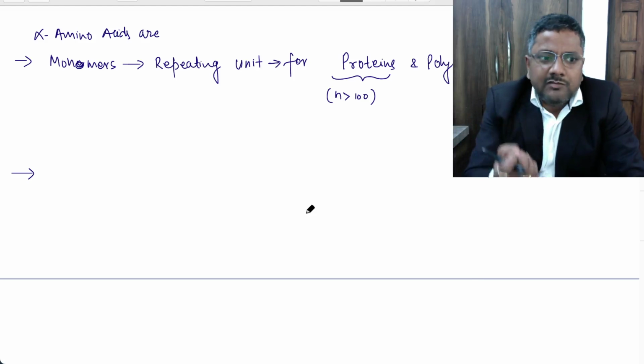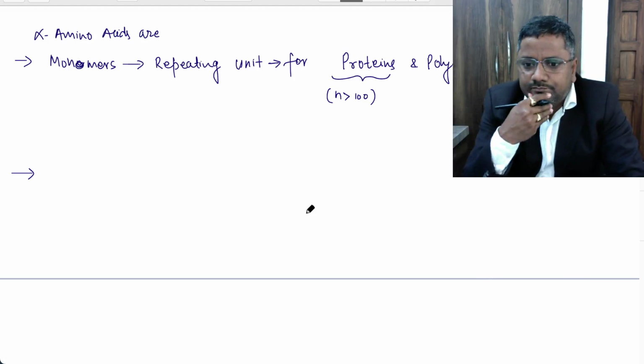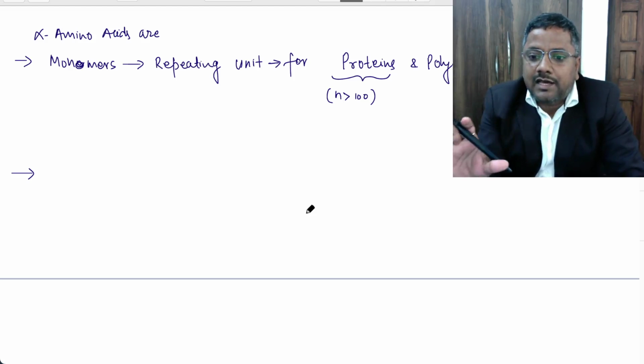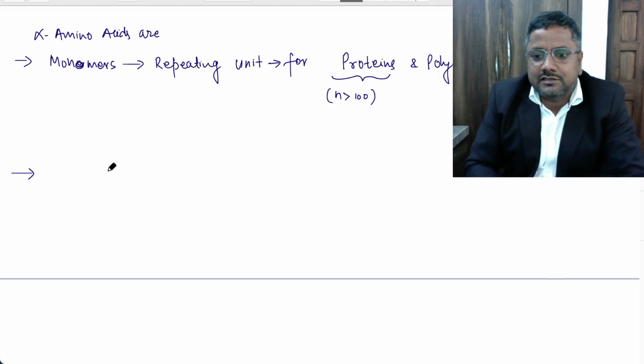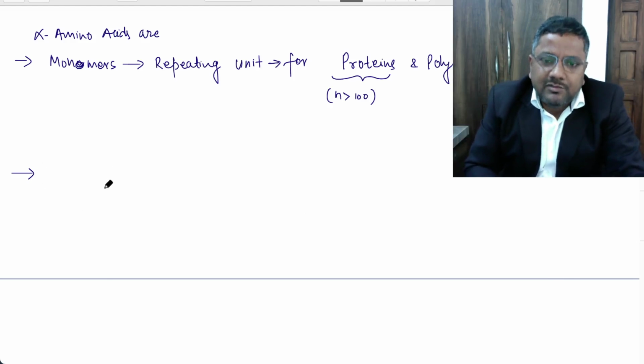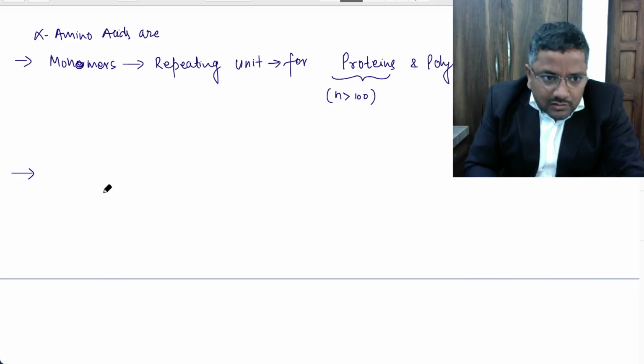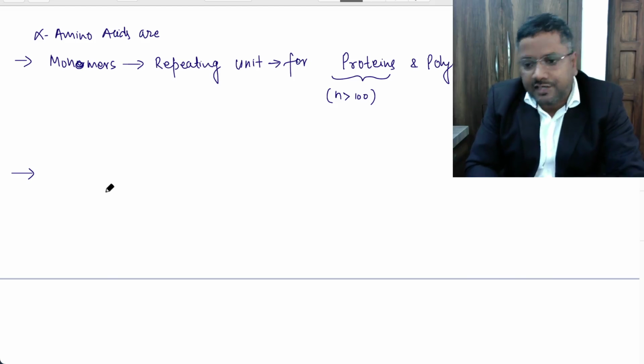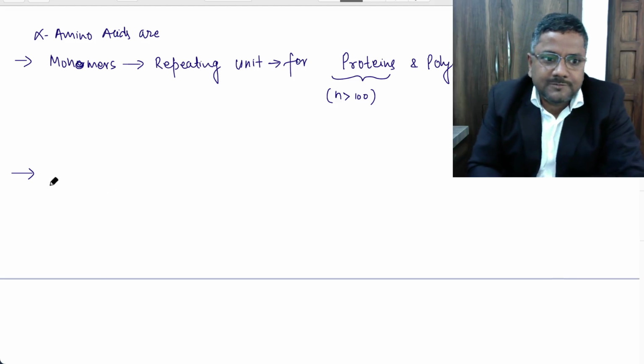There is one amino acid out of 20 that has a secondary amino group and none have tertiary. So mostly 19 have primary amino groups, but there is one alpha amino acid which has a secondary amino group, right?